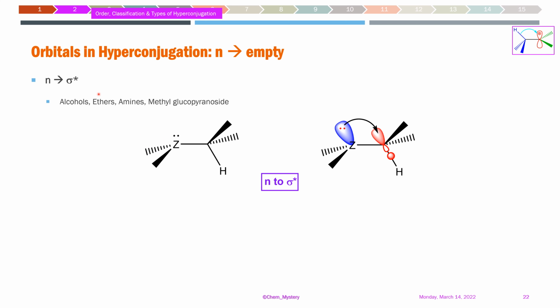So what was happening? This non-bonding electron pair present on this heteroatom Z is going into this antibonding carbon hydrogen molecular orbital. And please note, when we talk about electron acceptor ability, the carbon hydrogen bond has very small electron acceptor ability. This kind of delocalization will not be as effective as when the sigma star orbital is quite electron demanding, something like a carbon chlorine bond, carbon fluorine or carbon oxygen bond.